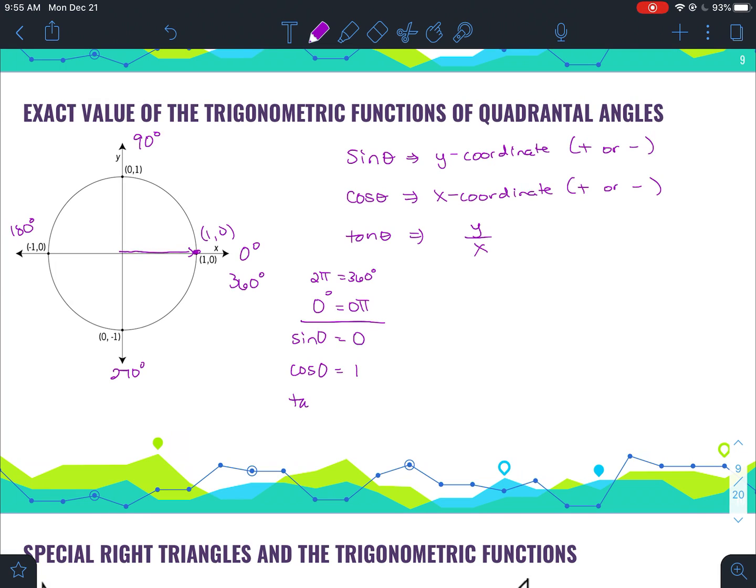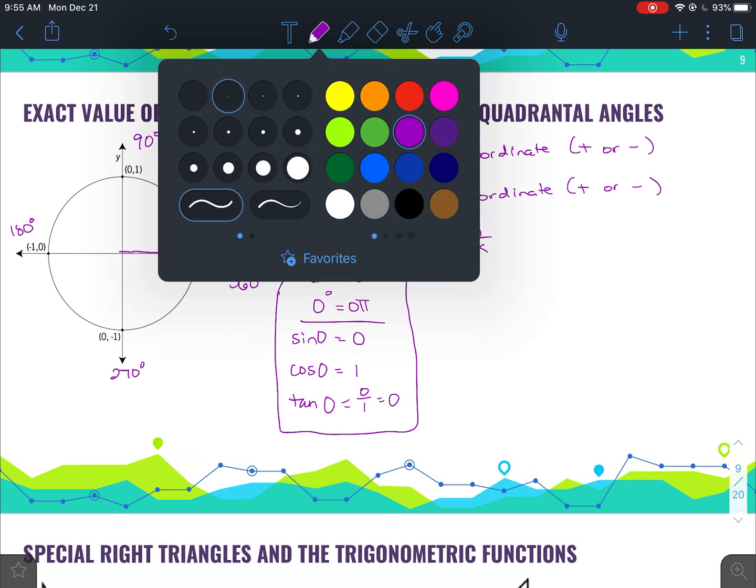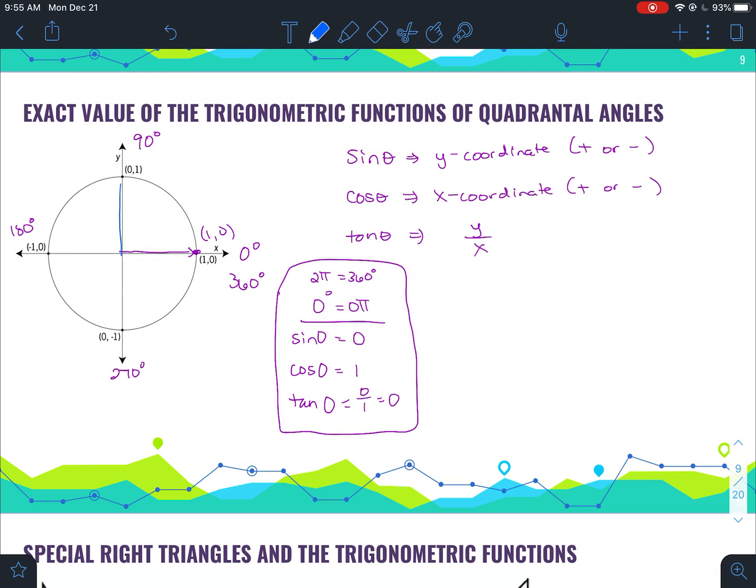The cosine of 0 is the x-coordinate, so the cosine of 0 degrees, or 0 pi, is going to be 1. The tangent of 0 is the y over the x, so it's 0 over 1, which is 0. And so if you are at 0 or 360, the sine is 0 because that's the y-coordinate. The cosine is 1 because that's the x-coordinate. And the tangent is 0 because that's y over x.